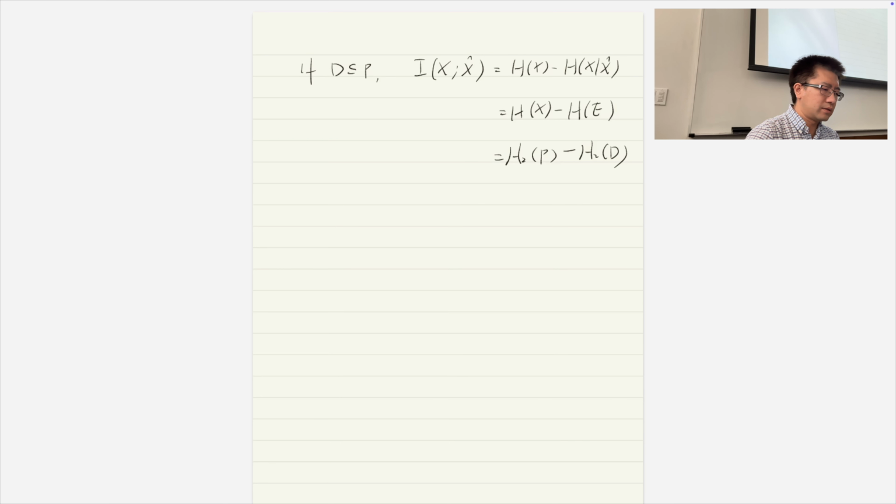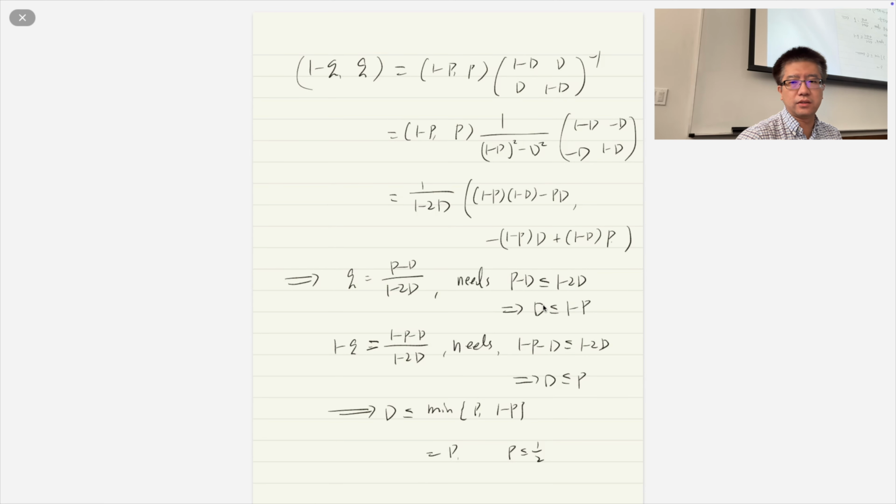Okay, great. And this is when d is less than or equal to p. When d is bigger than p, what do we do? Right, so basically d has to be less than or equal to p in this case, right? If d is bigger than p, that will not be a valid distribution, right?